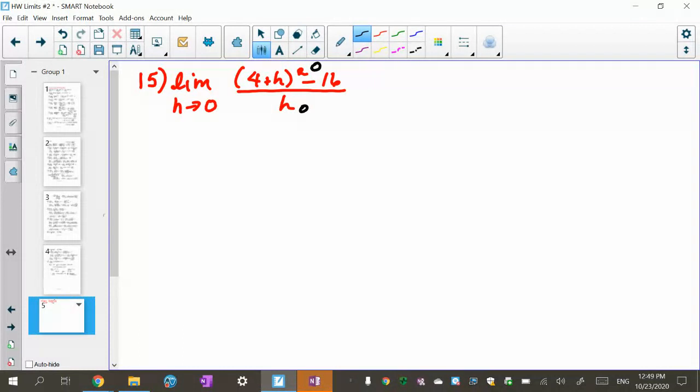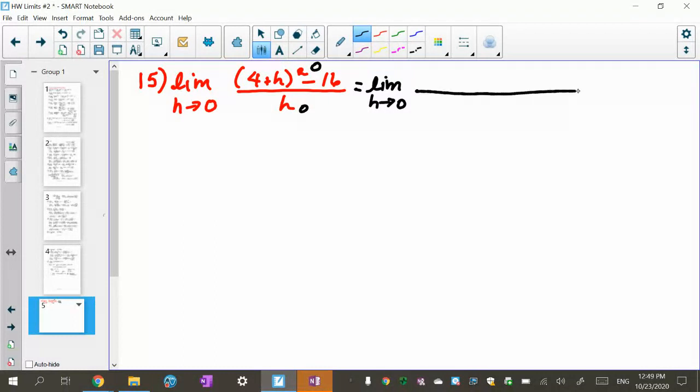And then the next thing I try to do is see if I can do some algebra. I look at it and say, well, it's not like there's a radical to rationalize. There's nothing really there to factor. So I'm going to try to maybe multiply this all out and see if something simplifies. Every time you do something until you plug in that 0, you write the limit as h approaches 0.